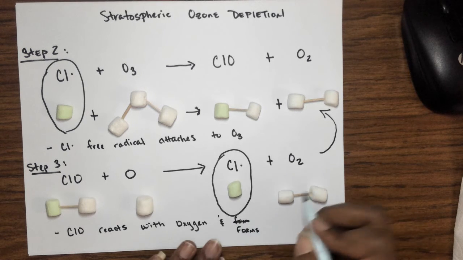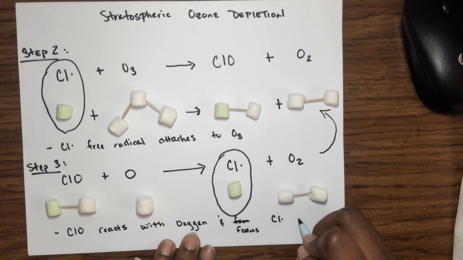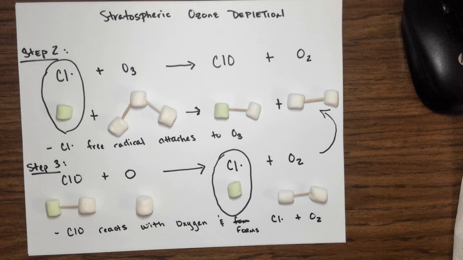And forms another chlorine radical, right? Free radical plus diatomic oxygen. So that's your explanation.